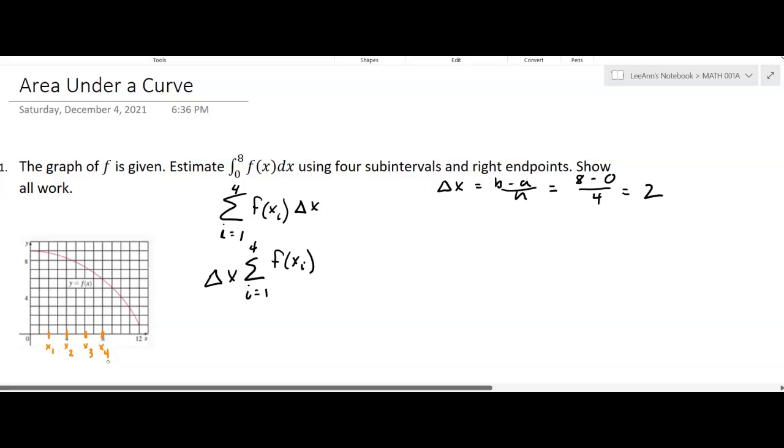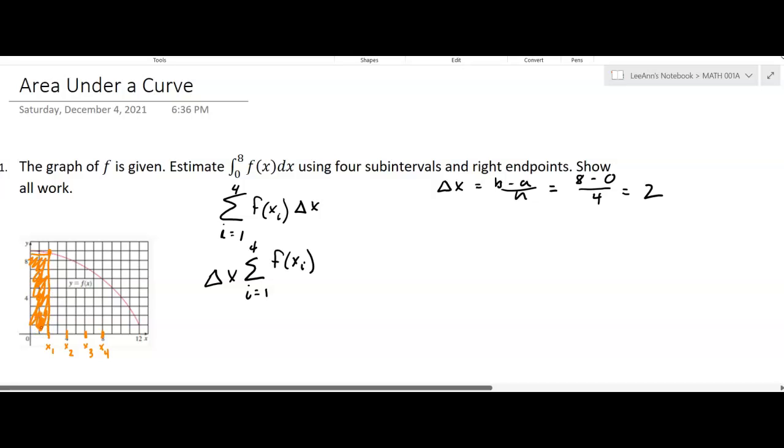When you're showing the work on your exam, you should show this work. So x sub 1, right there, is our approximation, and we get this rectangle right here. This is what we're trying to find the area of.